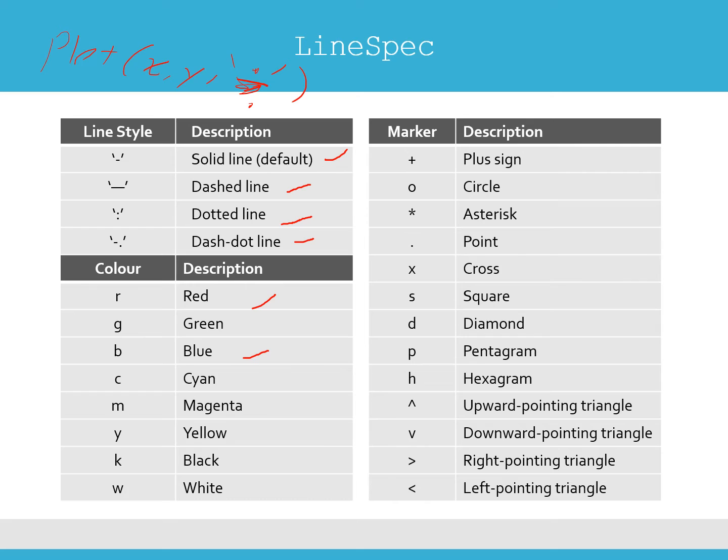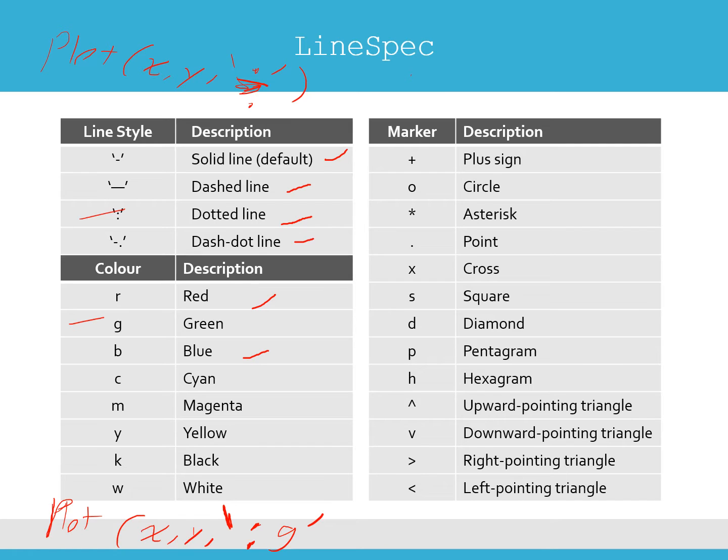For example, if you want your plot to be green, and a dotted line with the green color, you just write plot, the x, y, and then, don't forget, open bracket, double dot, and then g. MATLAB will automatically know that you want a dotted line with the color green.